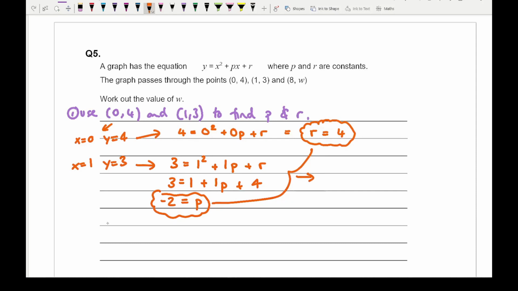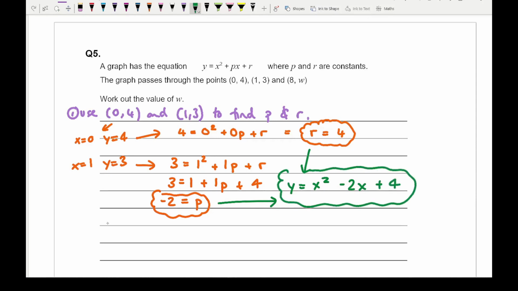So combining these two things, we get y equals x squared, and we know that p equals minus 2, so it's minus 2x plus 4. So this is our equation.